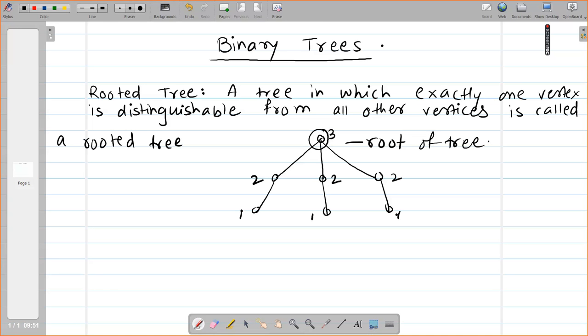And that particular vertex is called the root of that tree.